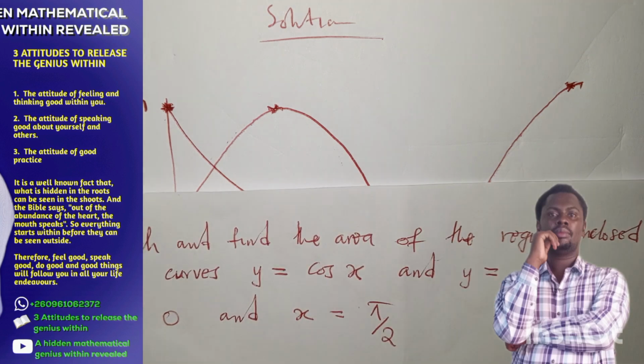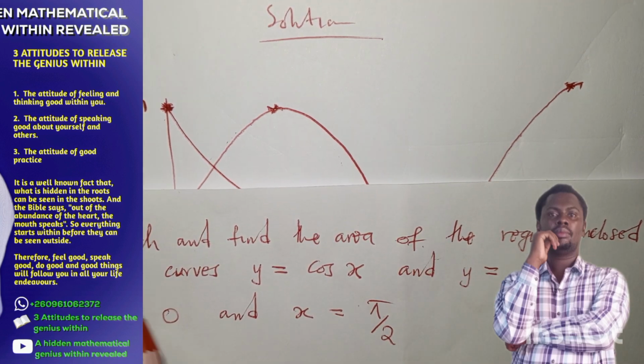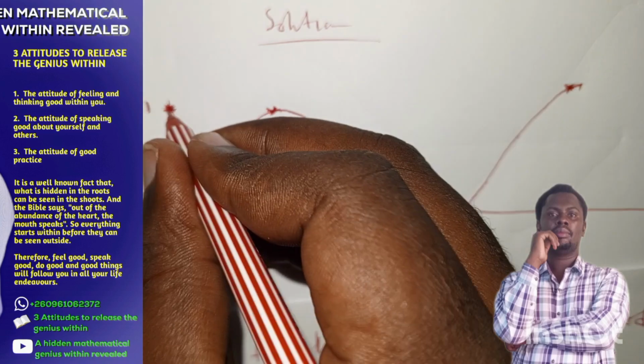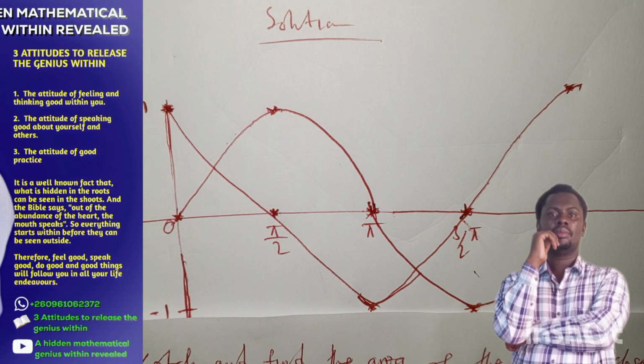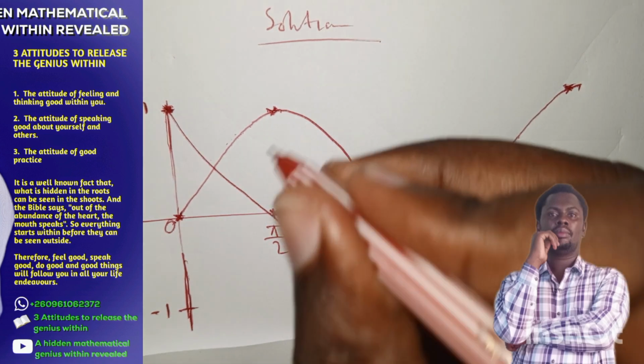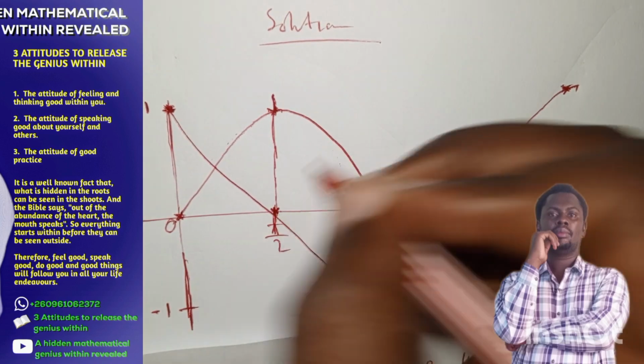Okay, so we are told to sketch and find the area of the region enclosed by the curves y is equal to cos x and y is equal to sine x, bounded by x is equal to 0. So this is x is equal to 0, and x is equal to pi over 2. So this is x is equal to pi over 2. This is the line.